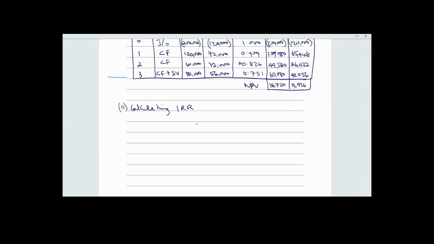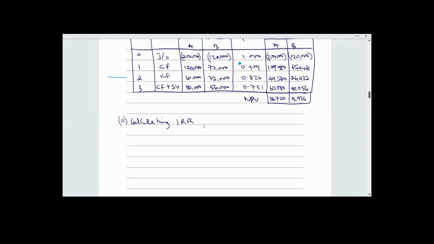Therefore, let's assume 15% and see what we are going to get. So I will create a column for year, description of items, cash flows, discount factor.